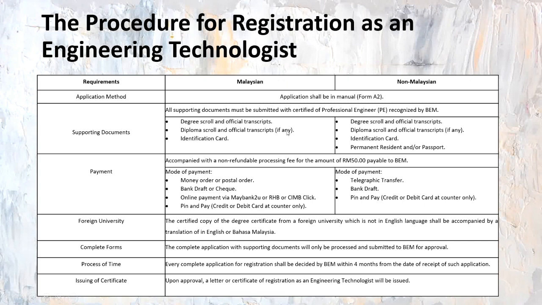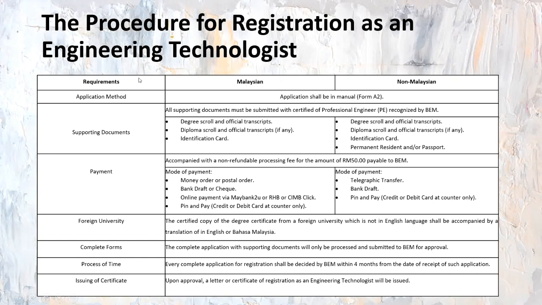The table here shows the procedure of registration as an engineering technologist in Malaysia. As you can see here, these are the requirements that should be met by Malaysian and also non-Malaysian engineers who want to register as an engineering technologist in Malaysia.